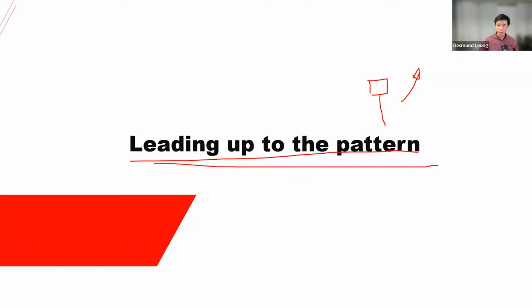Now, a lot of people just focus on scanning for this hammer over here. But the thing about candlestick patterns is that you need to factor the lead up. A candlestick pattern is actually not just a candlestick by itself, but is this part that leads up to the candlestick. This part over here.